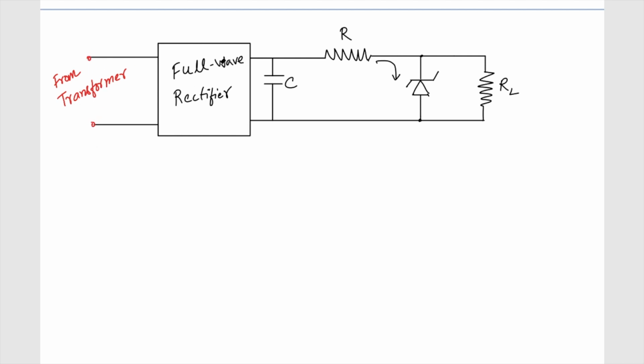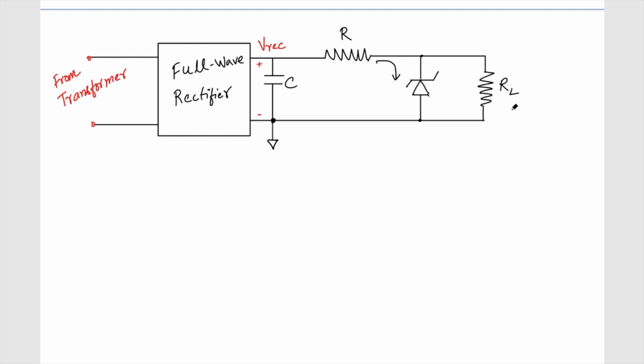Then finally, after the full wave rectifier, I'm having the rectified output here, and let's connect to this ground. Now here I'm supposed to find out the value of R and the value of RL as well.